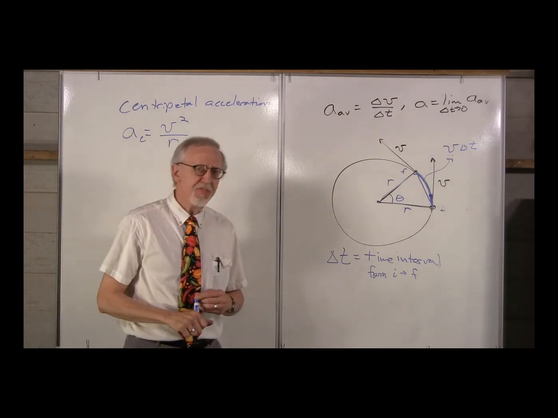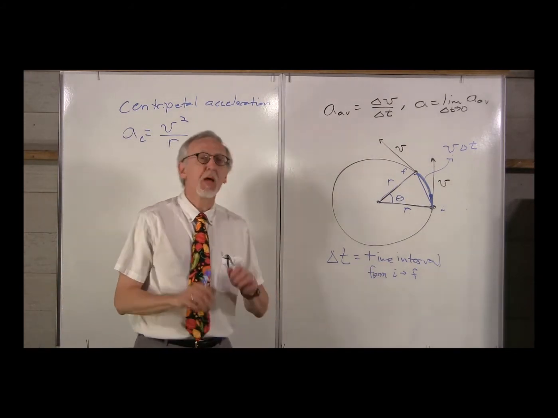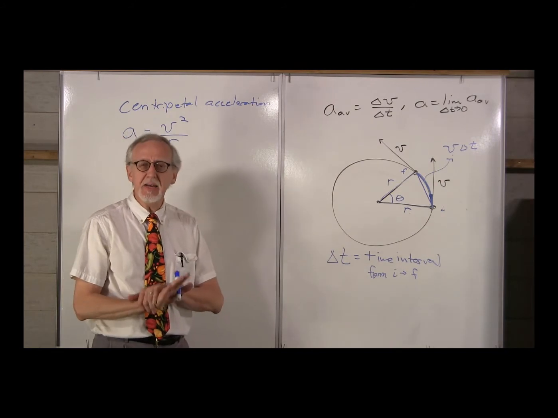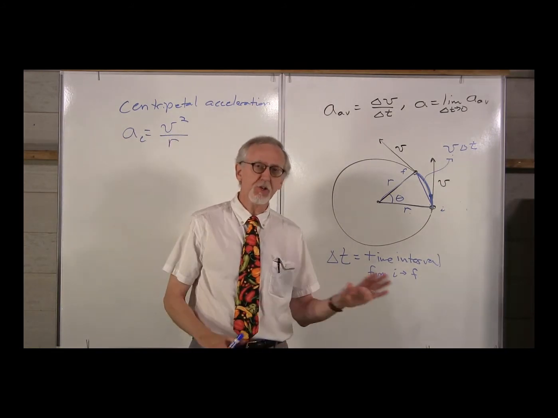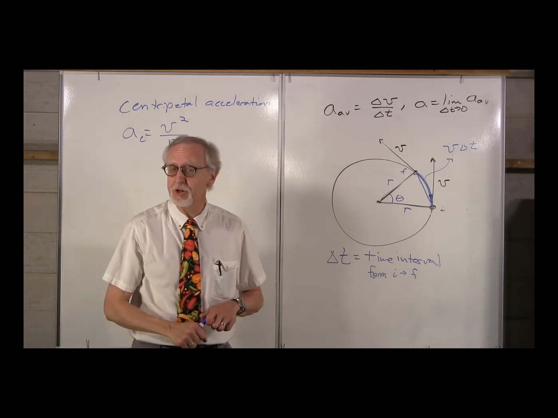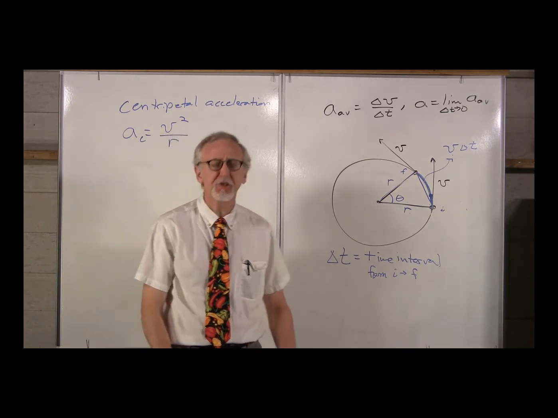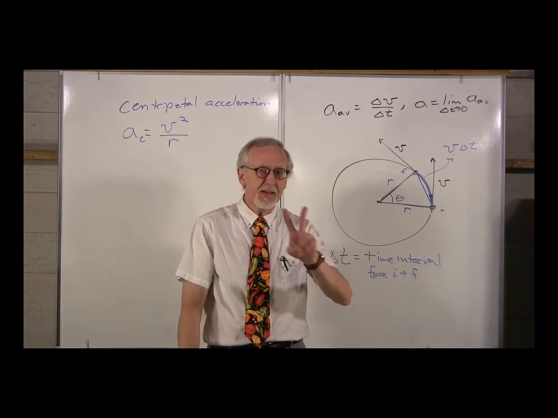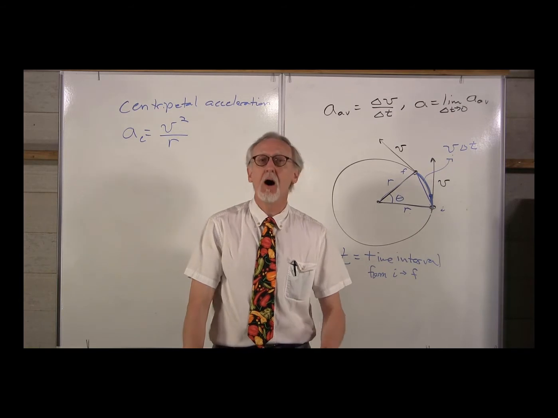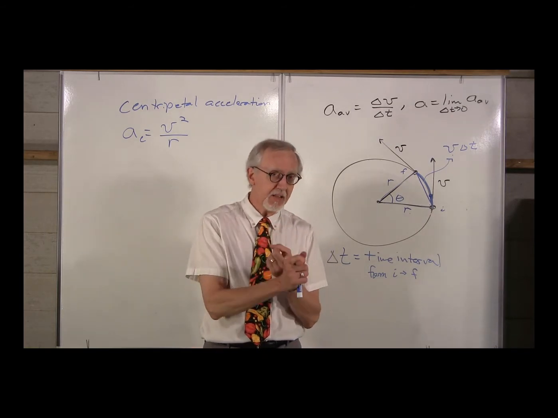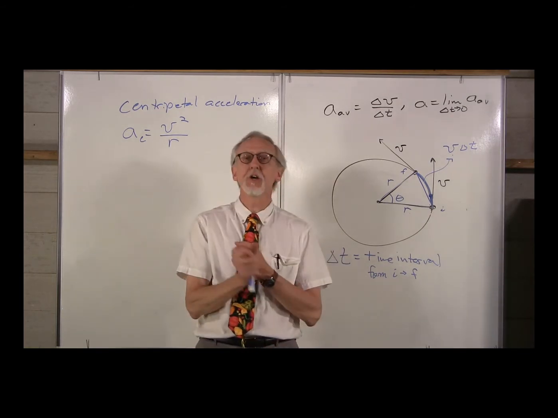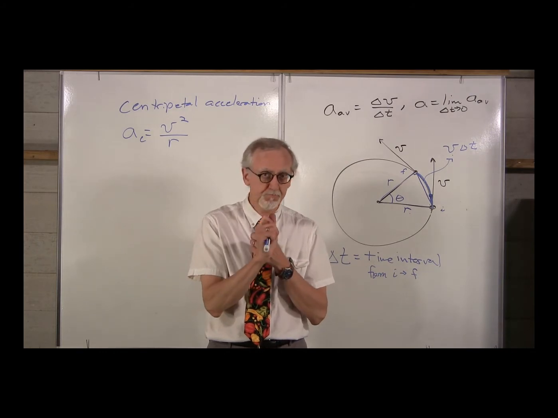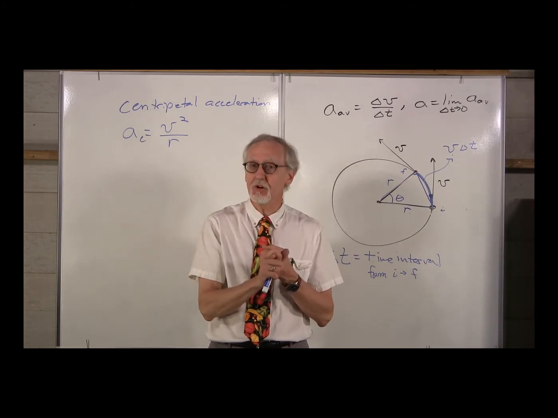Let's back up and think about what we've just done here. I will tell you, you do not need to know that derivation. You do not need to be able to reproduce that derivation. I do want you to understand it, but the 2 things I want you to get from that are, first, the direction of the acceleration for an object undergoing uniform circular motion points towards the center of the circle.